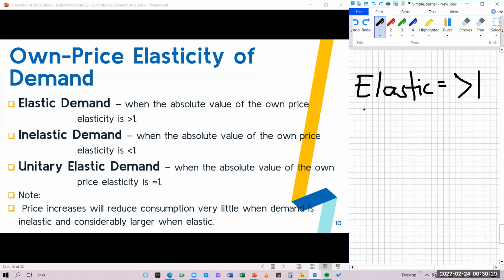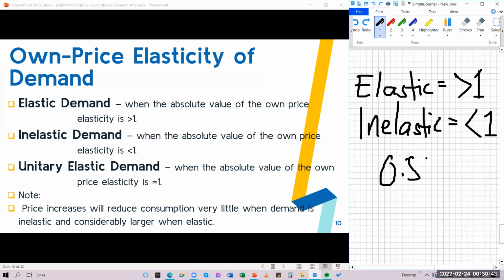How about the second one? We have inelastic. Inelastic is the opposite. This is less than 1. So inelastic means less than 1. Probably the answer would be 0.5, 0.99, and below. So that is less than 1. That is what is used for inelastic.